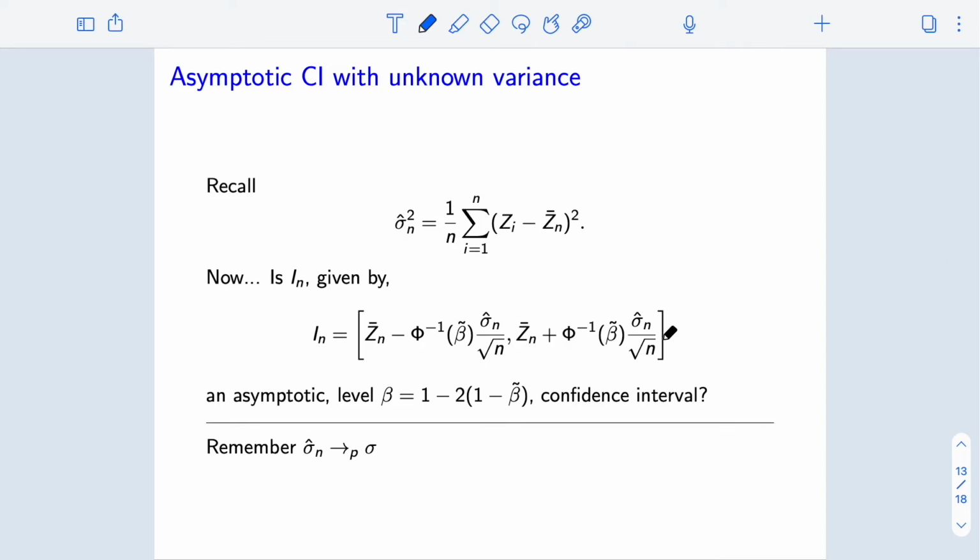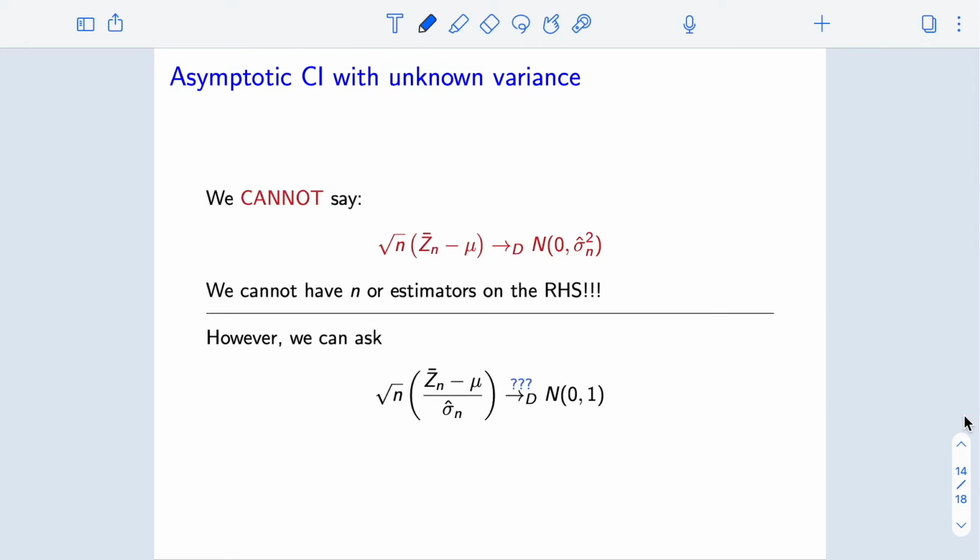Recall that this estimate sigma hat n is consistent, it does converge in probability to the true sigma. So maybe we hope that asymptotically things will still work out and we'll still have an equivalent result to before, that this interval will still be an asymptotic confidence interval with level, again, not beta tilde, but this transformation from beta tilde to beta, where you take that tail probability and you double it.